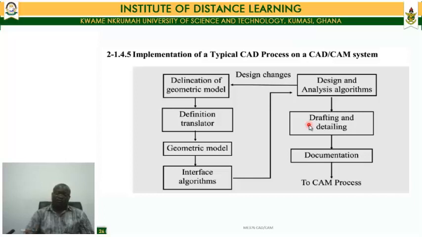So then after drafting and detailing from the design, we produce the documentation. It's from the documentation that now we are ready to go to the CAM system, that is to the CAM process. So you have now your drawing, your documentation and everything, and then you are ready for the CAM process. Right.